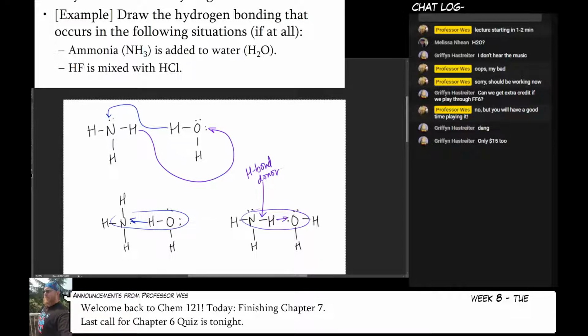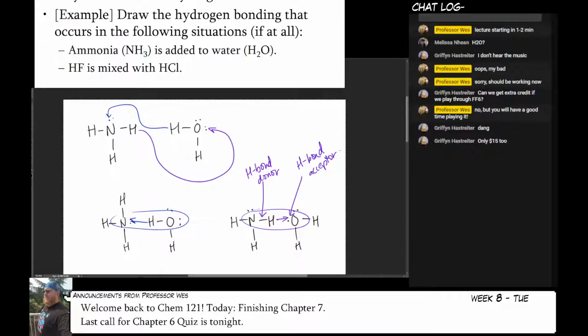Whatever molecule has the hydrogen with a covalent bond to the nitrogen, oxygen, fluorine atom, we're going to call that the H bond donor. And then whichever molecule has the electron pair that that hydrogen is pointed at, we're going to call that the H bond acceptor.